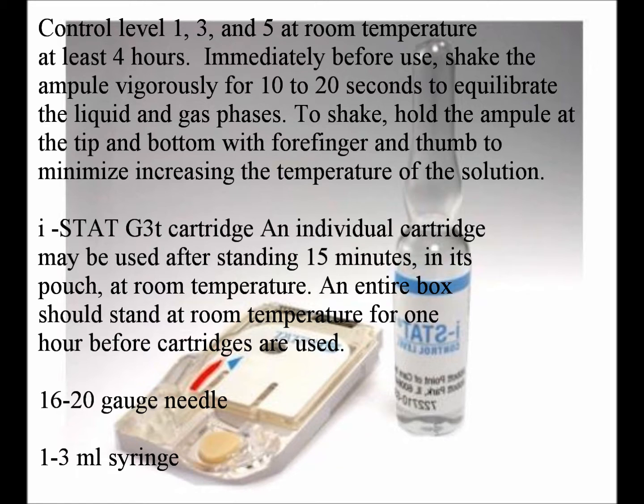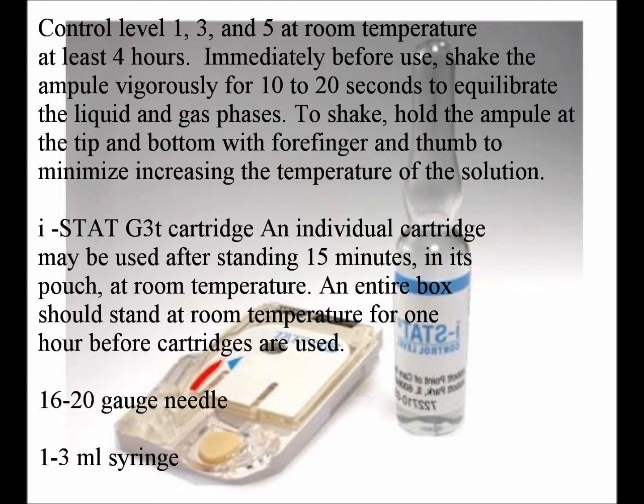Items needed to run a monthly control includes controls level 1, 3, and 5 at room temperature for at least 4 hours. Each control must be vigorously shaken for 10 to 20 seconds before use.